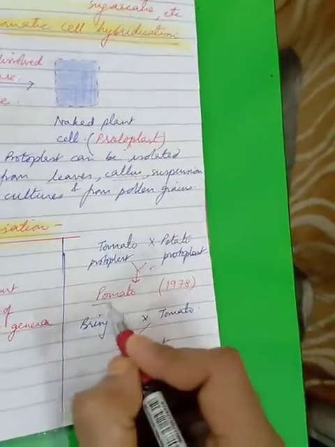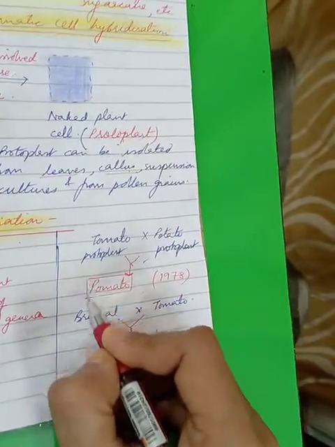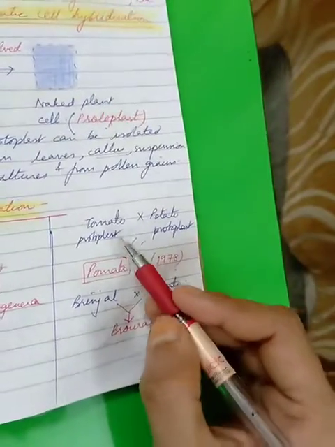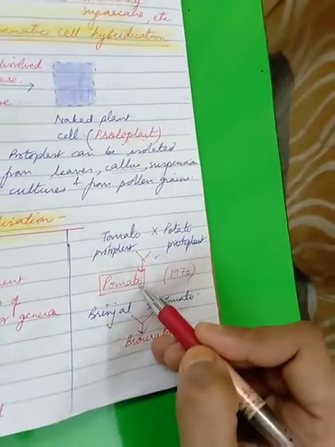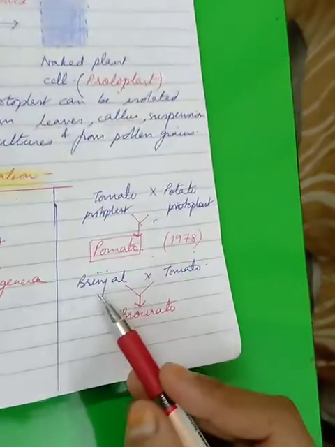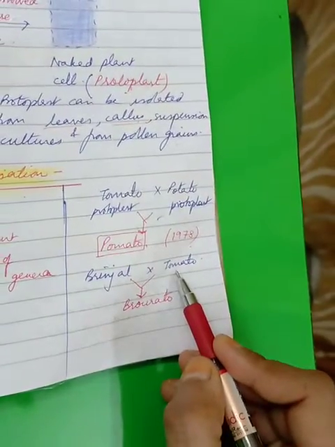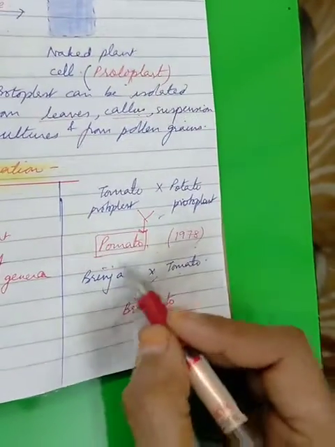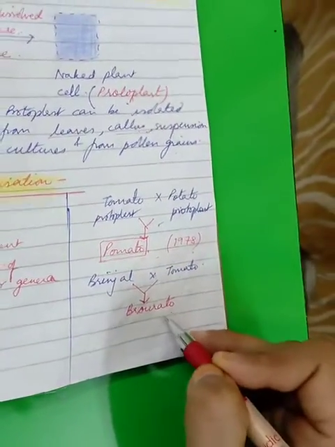I don't know whether you've heard this or not. It's a very recent edition. The year is 1978. That is something between tomato and potato. The offspring generated is called pomato. Then brinjal fused with tomato, in that case it will be brato. So that is a mixture of brinjal and tomato.